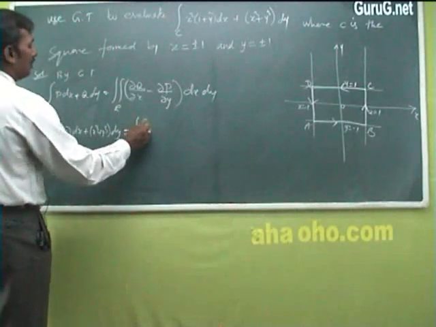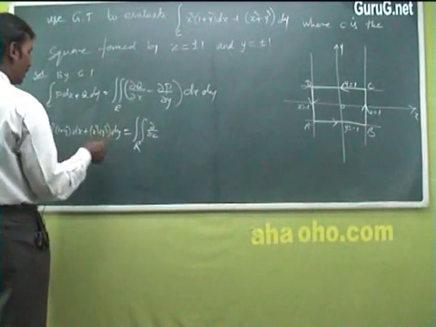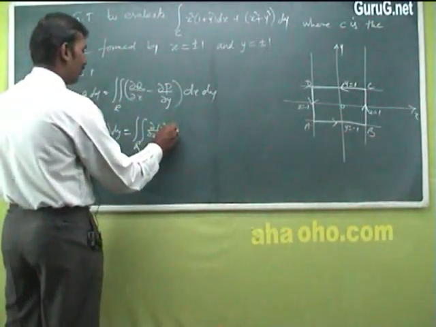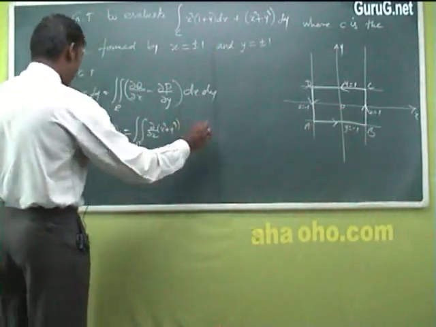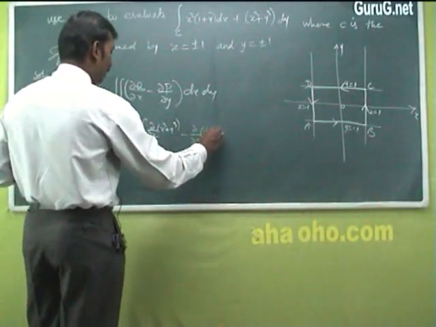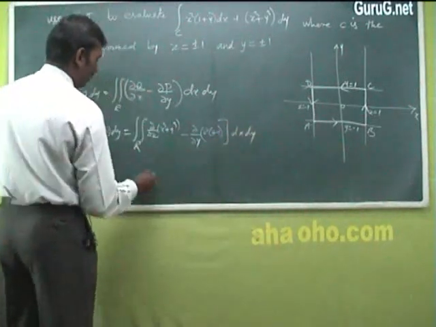I apply this result: double integral over R, dou by dou x of q. What is q? This x cube plus y cube. And minus dou by dou y of p, so there is x squared into 1 plus y, dx dy.